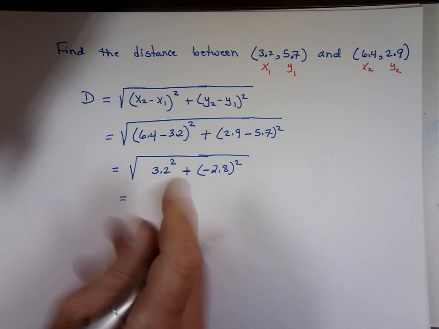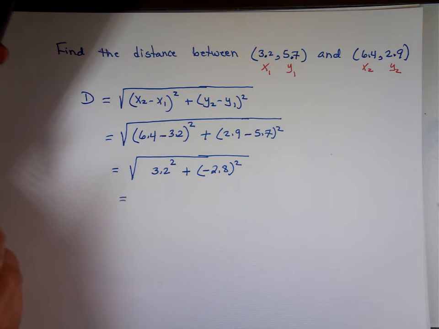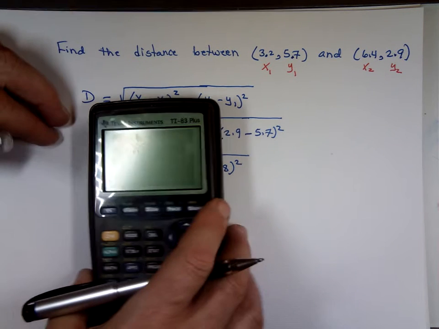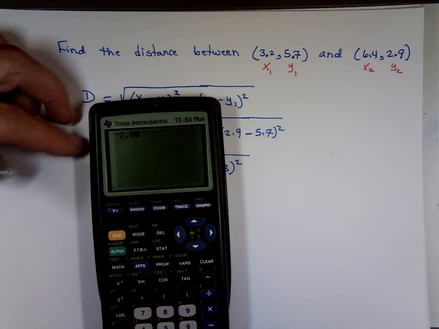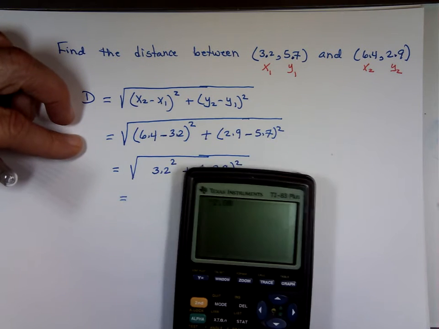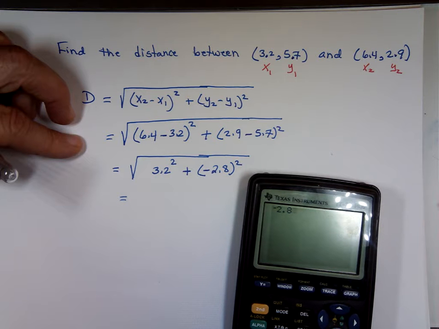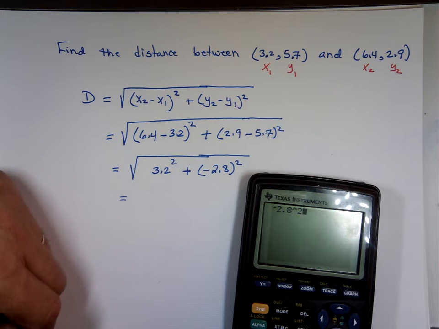Now again, when you write negative 2.8, you better put it in parentheses. Watch why. If you write negative 2.8 and you see a square of that, is your answer going to be positive or negative? The calculator will give me a negative number. It's supposed to be positive.